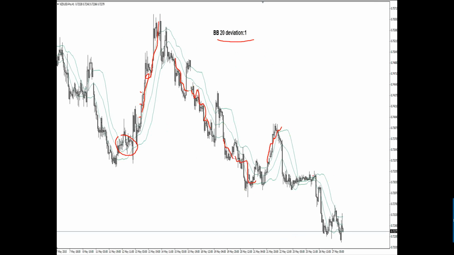Okay, and you can see the squeeze, and the squeeze is followed by riding the bands. Just take a look in this example at the tops of these candles, how they are hitting the lower bands. So this is resistance, this is support, and this is how trend riding looks like.